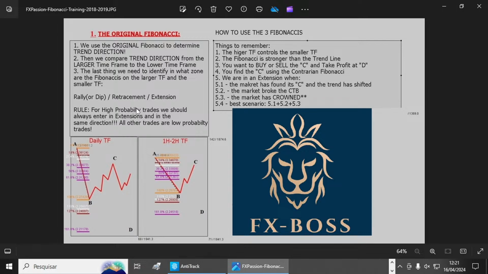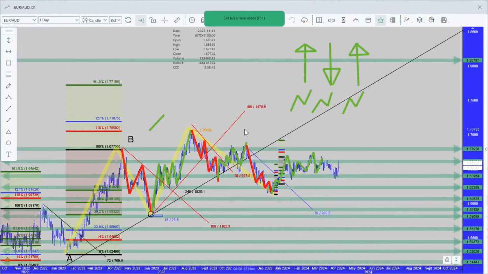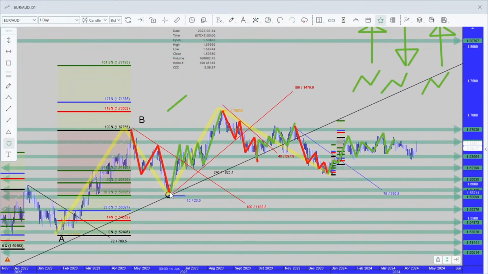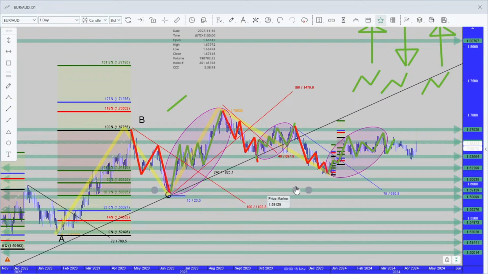For high probability trades, we should always enter in extensions. So for me to make pips and money, the time to enter was here. This was an extension. And the time to enter was here. You could have different strategies, everybody, different methodologies, and so far this was the timing, better probability, right?